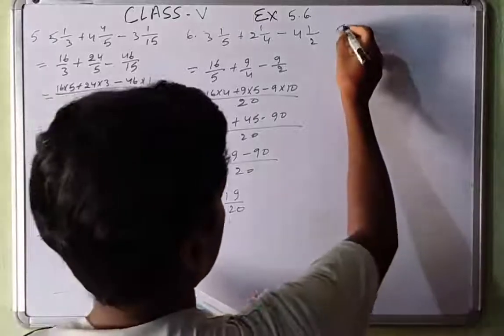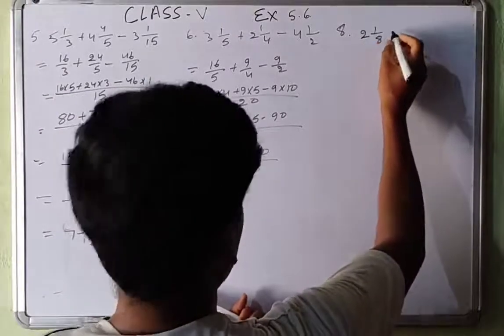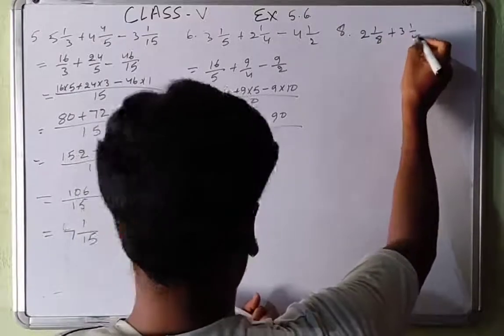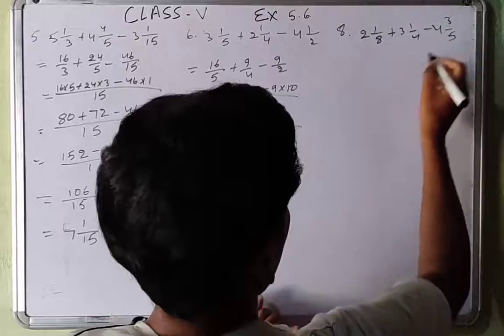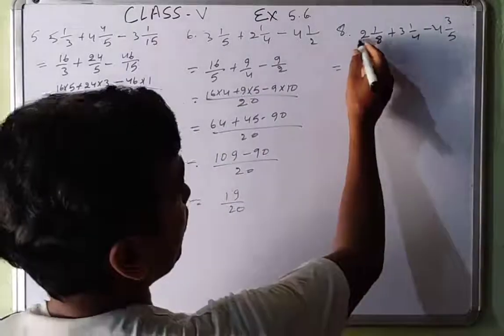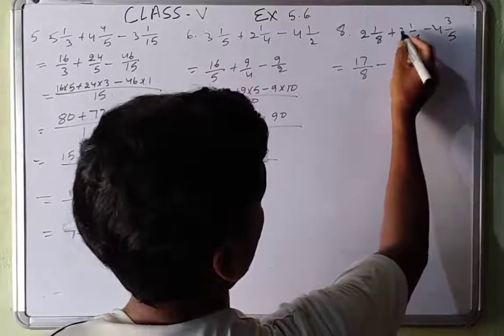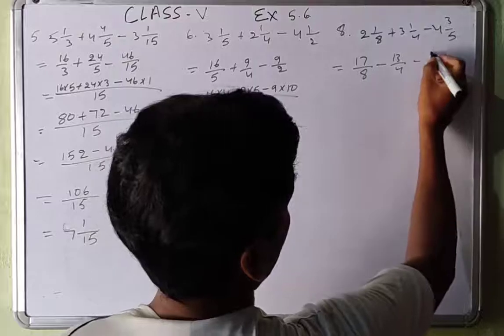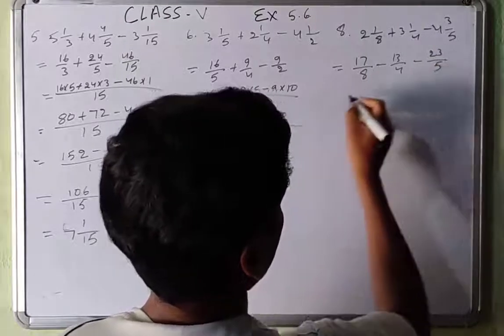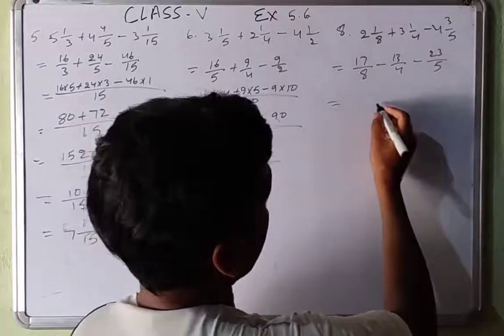See the eighth part. 2 whole 1 upon 8 plus 3 whole 1 upon 4 minus 4 whole 3 upon 5. So 8 2s are 16, 1, 17 upon 8 minus 4 3s are 12, 1, 13 upon 4 minus 5 4s are 20, 23 upon 5, and then the LCM will be 40.